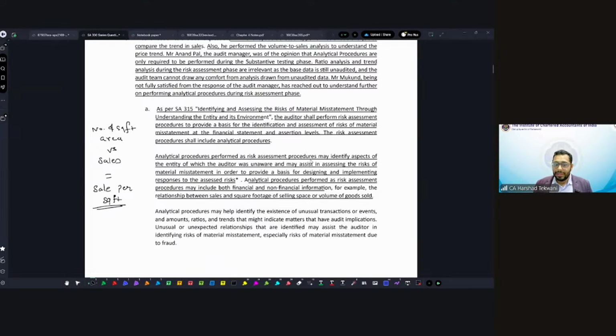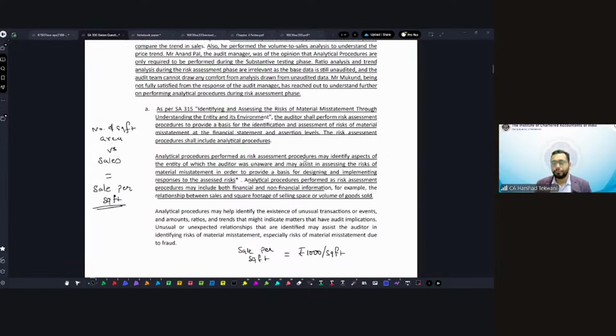Let's say, for example, you can usually get an industry number of sale per square feet for different brands. You can compare: let's say the overall industry trend for sale per square feet in this category is rupees 1000 per square feet.